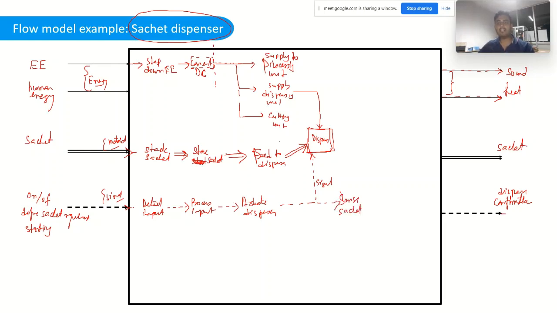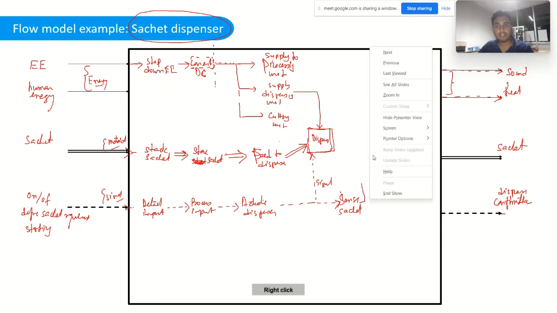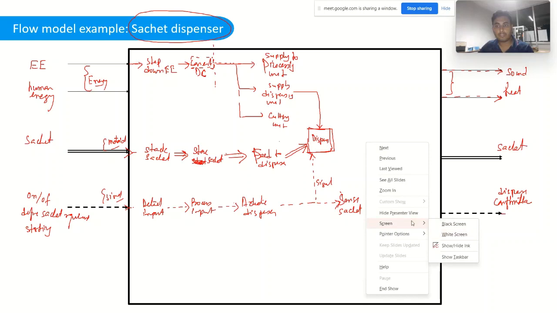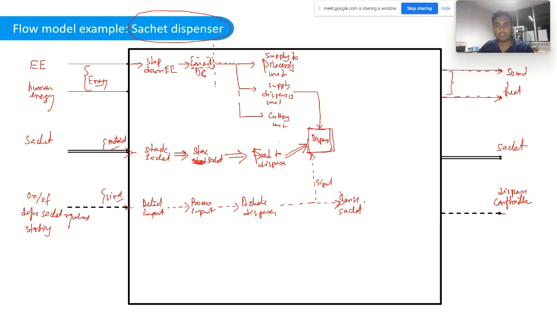Basically you need to sense the sachets using some sort of sensor. So the next thing is you fetch the sensed data to what?